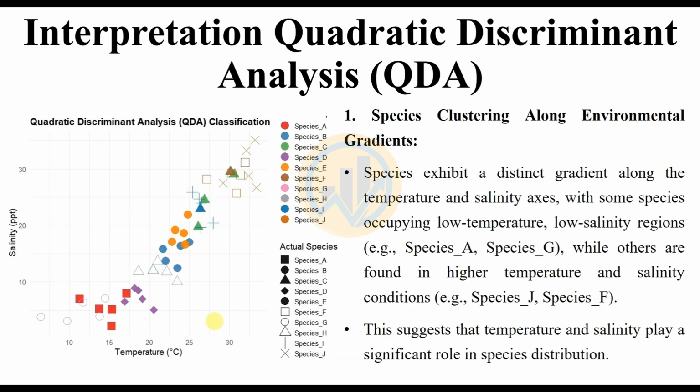The graph for the QDA classification shows species clustering along the environmental gradients. The species exhibited a distinct gradient along the temperature and salinity axes, with some species occupying low temperature, low salinity ranges, for example species A and G, while others are found in higher temperature and salinity conditions, for example species J and F. This suggests that temperature and salinity play a significant role in species distributions.